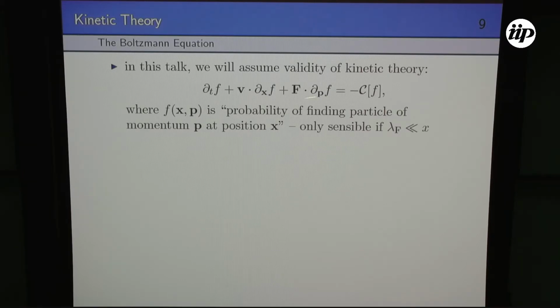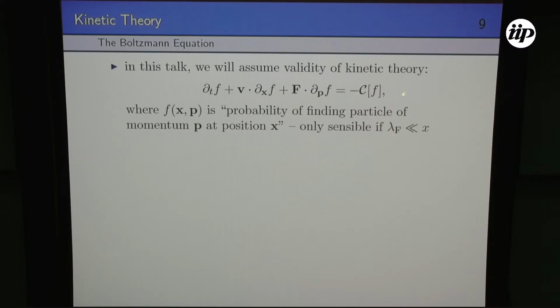Okay, so what does this equation mean? Well, the left-hand side tells us that if we just had a bunch of electrons doing their own thing, they would follow the trajectories governed by the classical Hamiltonian mechanics, just for a single particle. Now, this is a sensible thing to do only on sufficiently long length scales such that the Fermi wavelength is very small, and so quantum effects can be neglected.